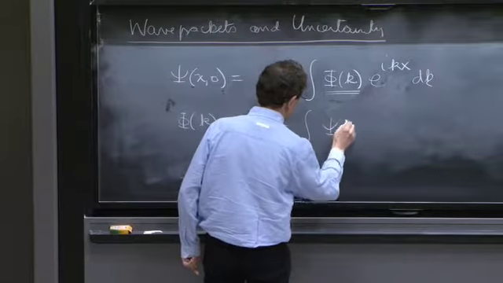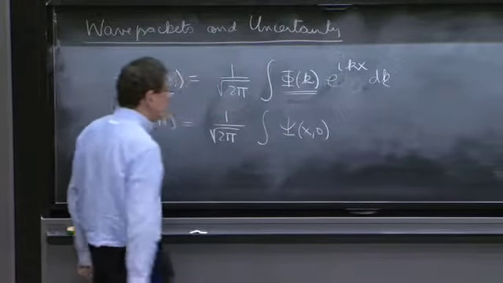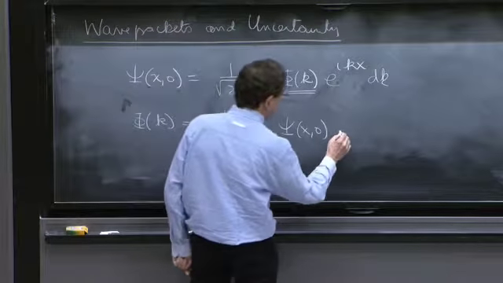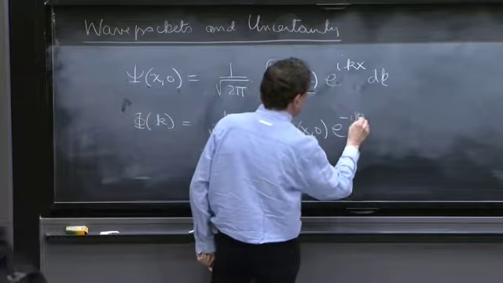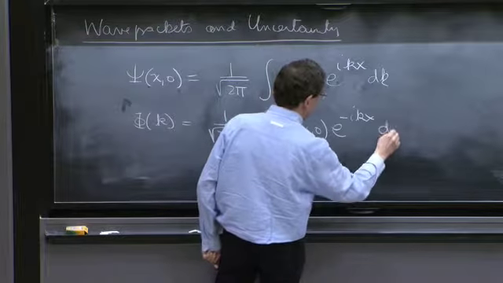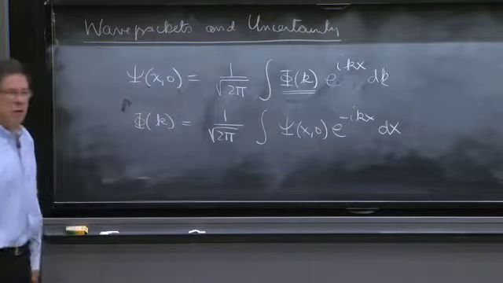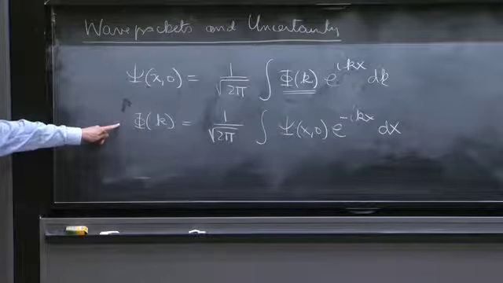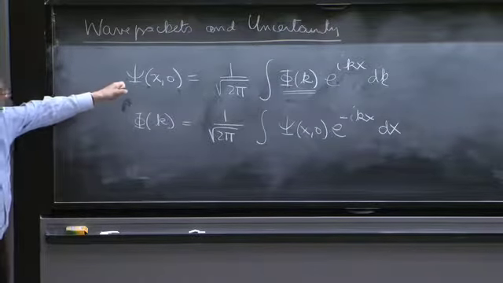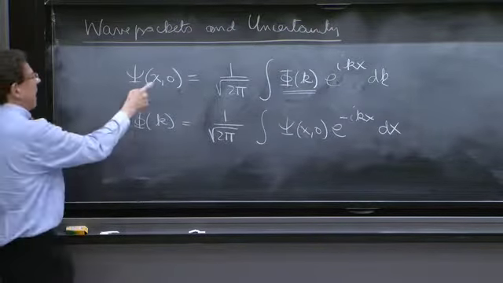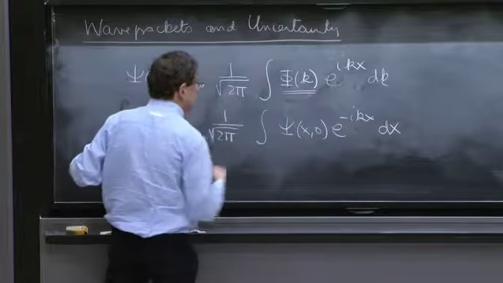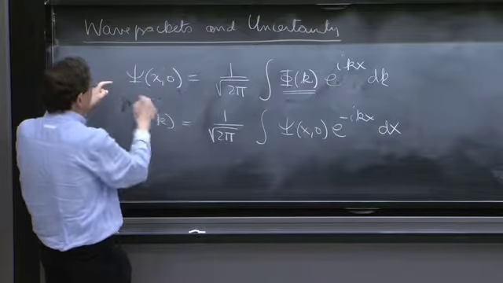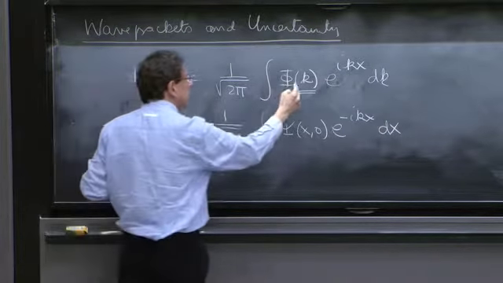So you take this psi of x at 0 that you know, and then multiply by e to the minus ikx, integrate over x, and out comes this function of k. So if you know psi of x at 0, you know phi of k. You can calculate this integral, and you can rewrite psi of x at 0 as a superposition of plane waves. So that's how you would do a Fourier representation.